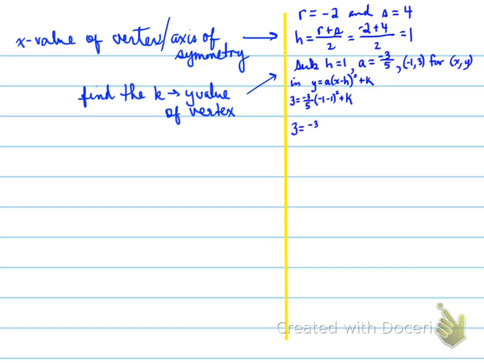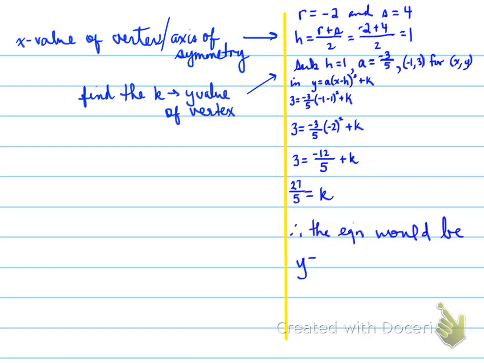You'll find out that 3 is equal to -3/5 times -2 all squared plus k. That is 3 is equal to -12/5 plus k. That means k is equal to 27/5. Wow! So now we have the y value of the vertex and we can do the equation in vertex form, which is y equals -3/5 times x minus 1 all squared.